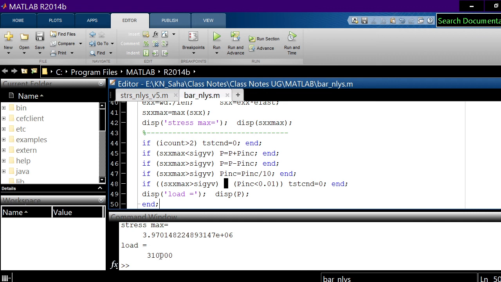This is 310,000 Newton to cause yielding, but if it is increased, you will get better precision. You see, P is incremented with 10,000, the P increment value is also 10,000, but then it is reduced gradually.